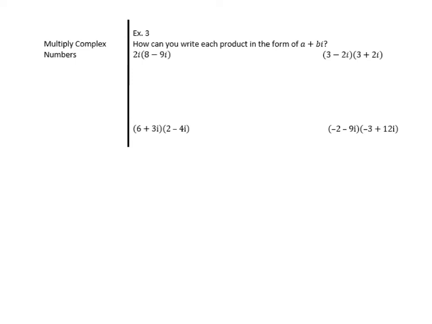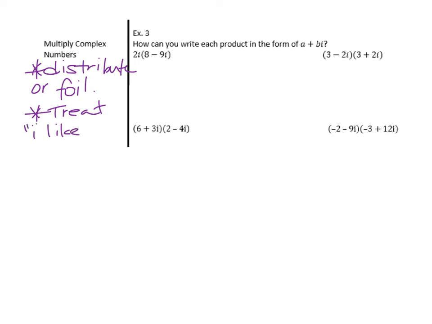Another option for us would be to multiply complex numbers. When you're asked to multiply, you're either going to distribute or FOIL. Treat i like a variable, like you'd be foiling with x.